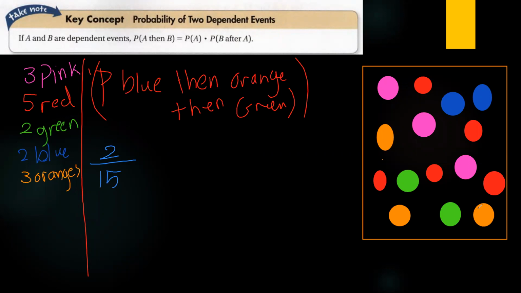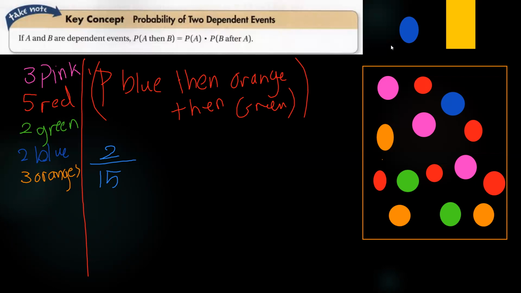So for the first one, I choose the blue. Let's put it outside the box. So they ask me to choose 3 marbles: blue, orange, then green. Okay, I took the blue.